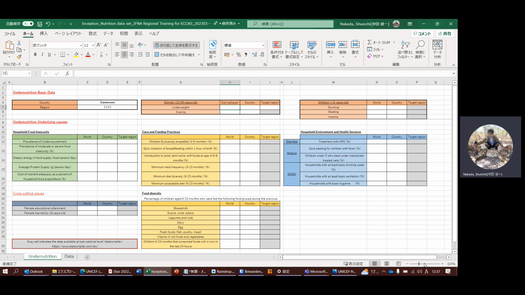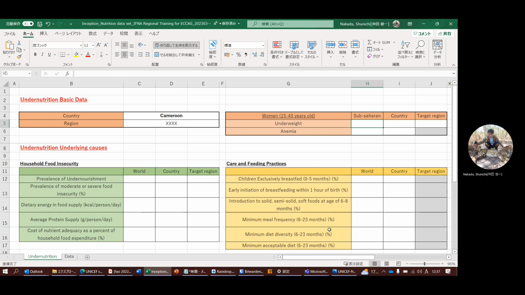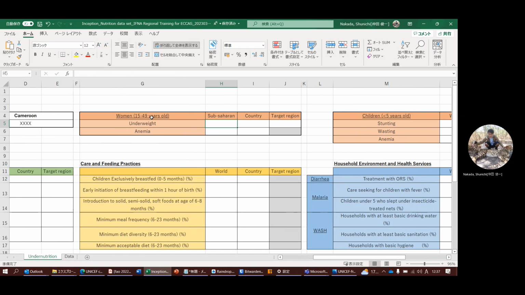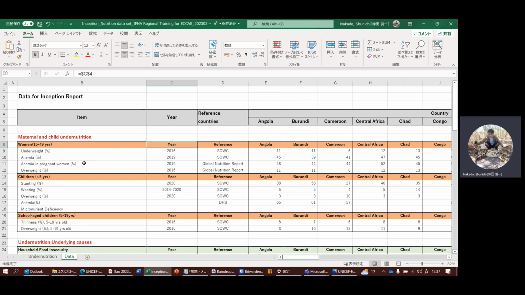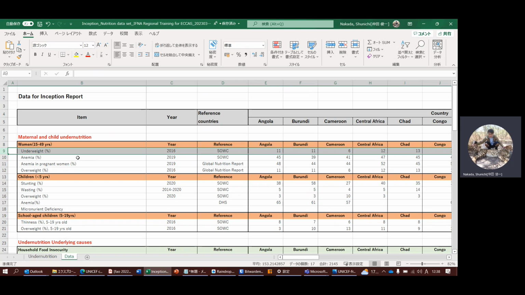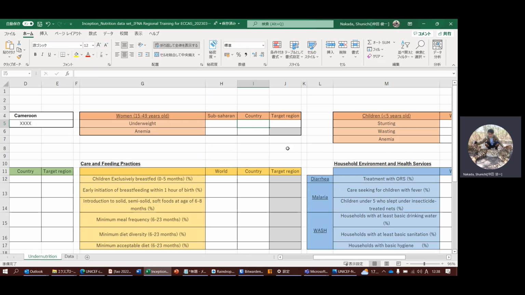For example, underweight for adult women. The country is Cameroon. So here, women underweight, you can find here. And then the country is Cameroon. The number is 6. So you just go back here and put the number 6.